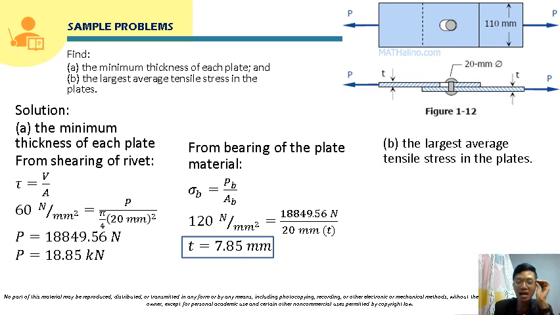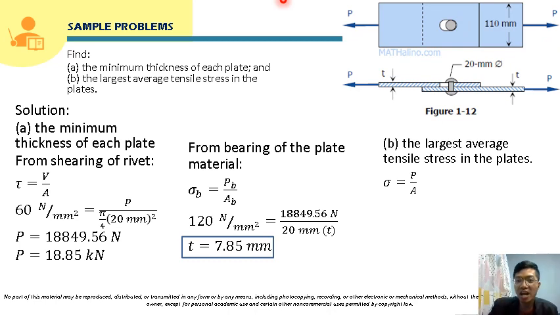The critical stress should be the largest stress that the plate will experience. So where will the critical area be in solving for the normal stress?